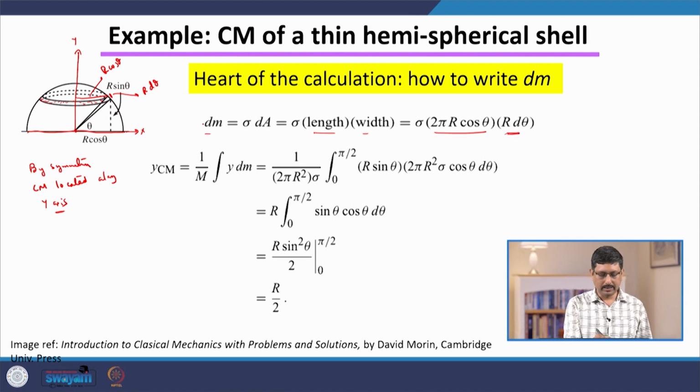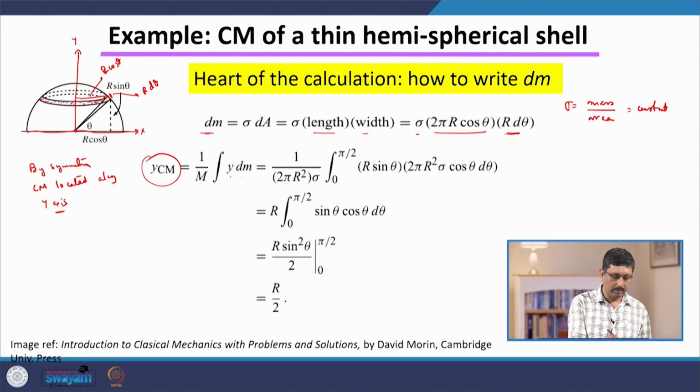So, for the area element of this strip of ring, the mass will be sigma times the area, where sigma is the density, the mass per unit area, which we are going to assume is constant, so it is uniform. By definition, the y location of the center of mass coordinate is given by the integral of y times dm.